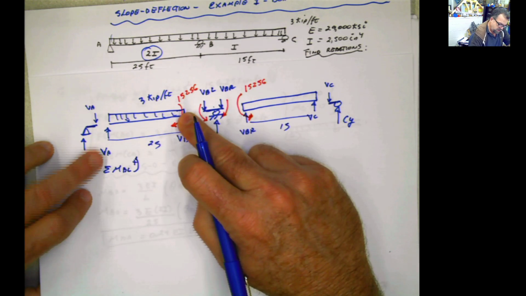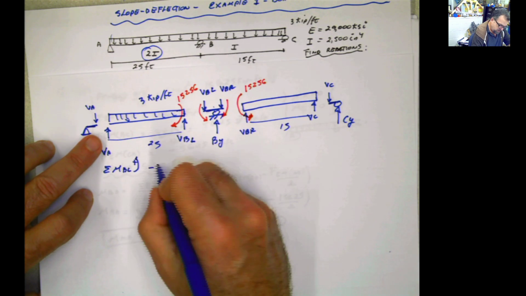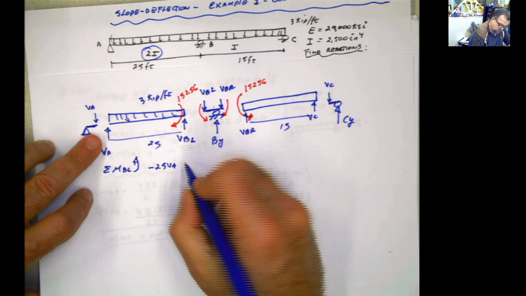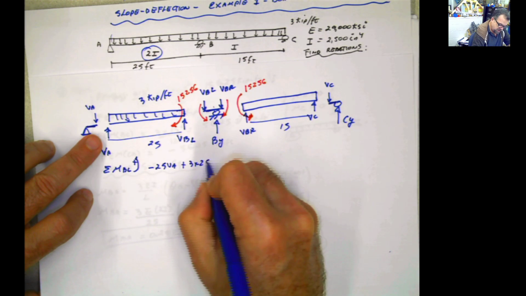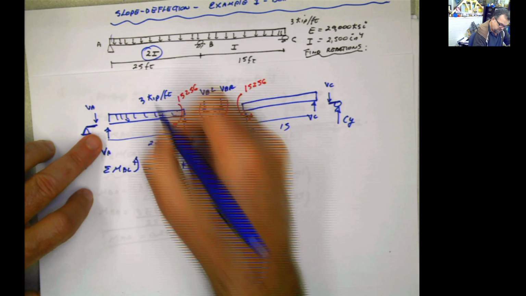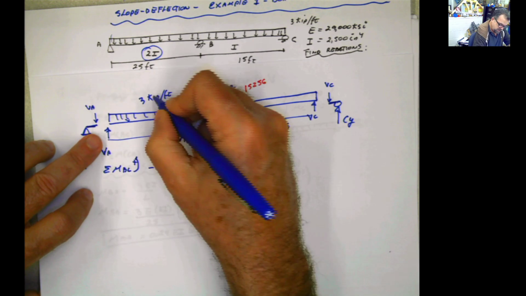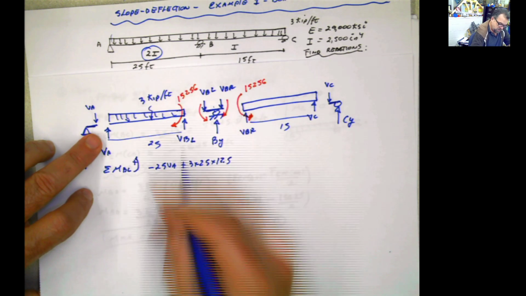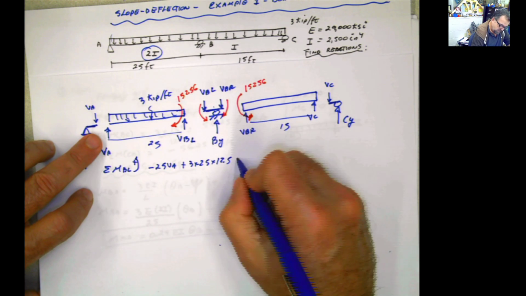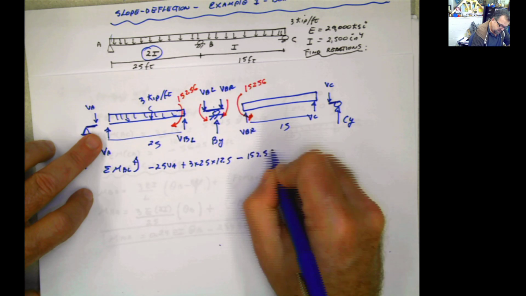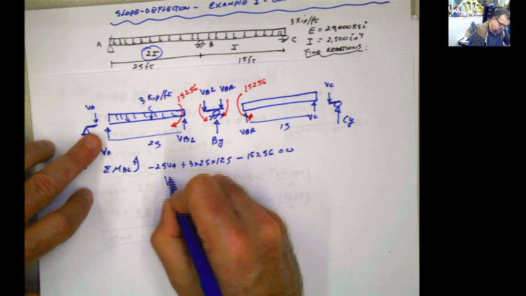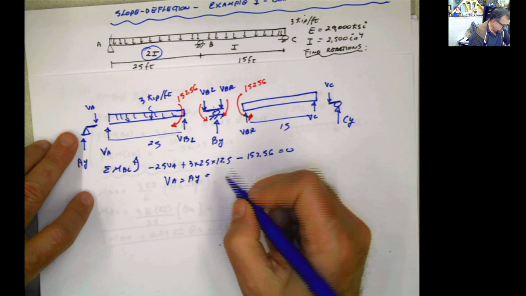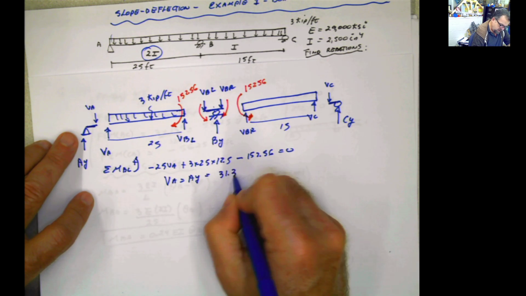If I do moment here, I'm going to have negative 25 VA plus 3 times 25 times 12.5, minus 152.56 equals 0, and then VA, which is the same value as the reaction in Y, is 31.398 kip.